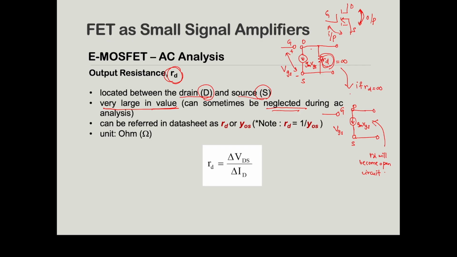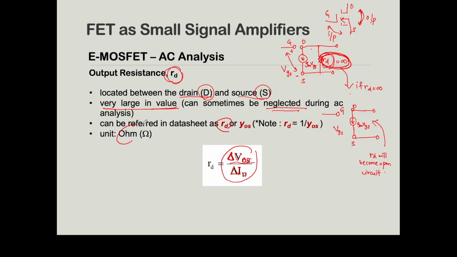But sometimes if rd is not infinity, you need to calculate it. rd can be calculated by using this formula: the slight difference in VDS, the drain-source voltage, divided by the difference of ID, the drain current.